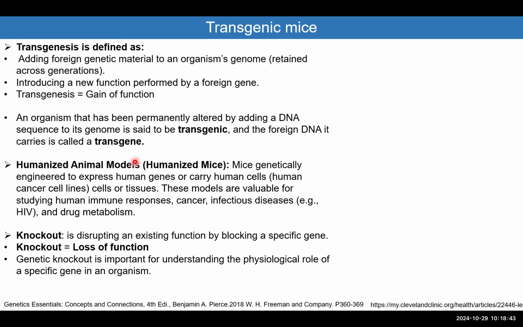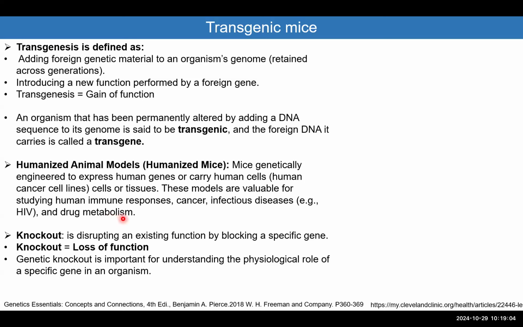This is also a humanized model. So therefore, these models are very useful to understand gene function and responses in general, for immune responses, for cancer responses, infectious diseases, and certain drugs in terms of how they change the metabolism or stuff like that.